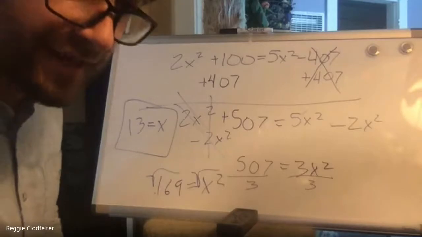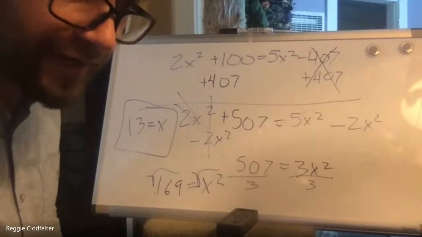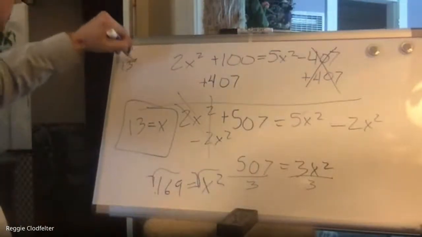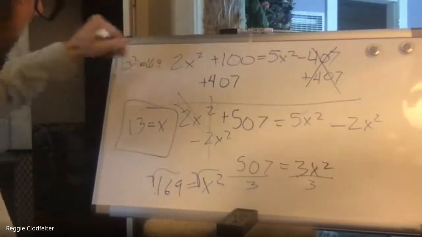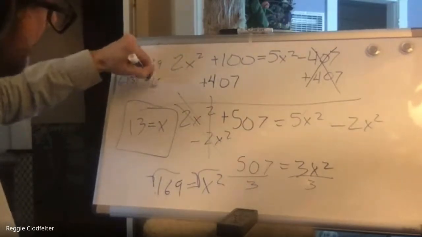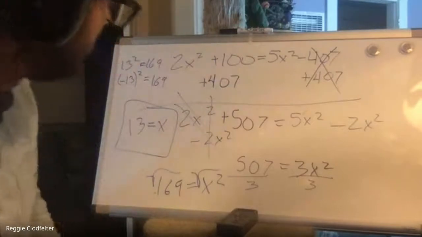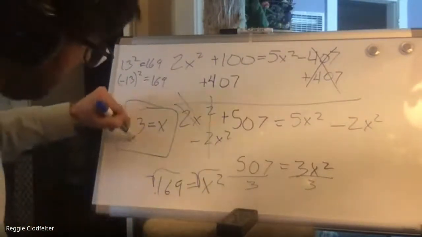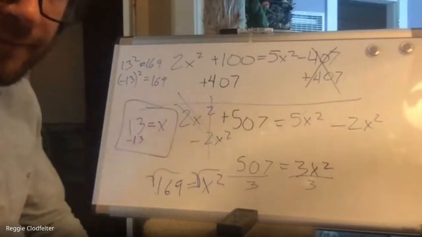Can you think of another number that squared equals 169? Negative 13, right? Both 13 squared and negative 13 squared equal 169, because a negative times a negative is a positive. So this actually has 2 solutions, 13 and negative 13, okay?